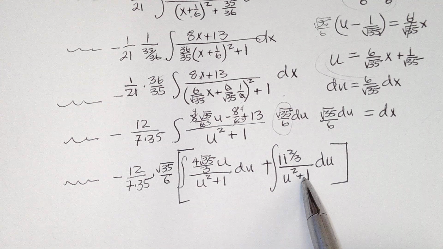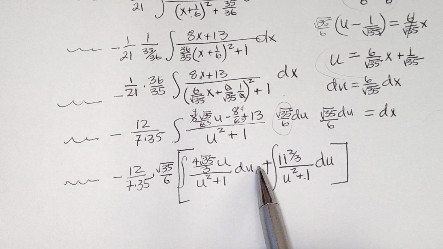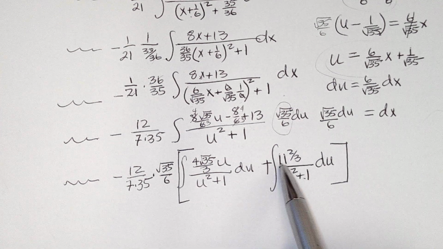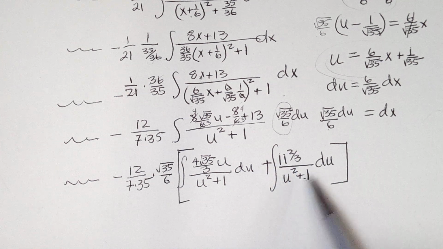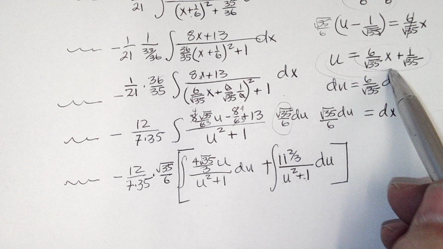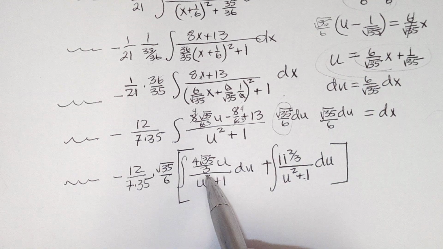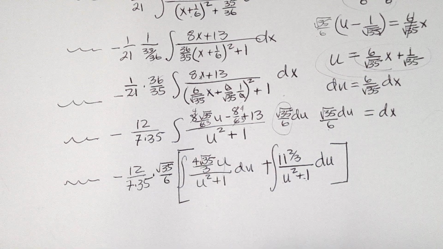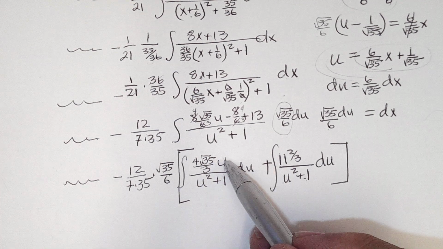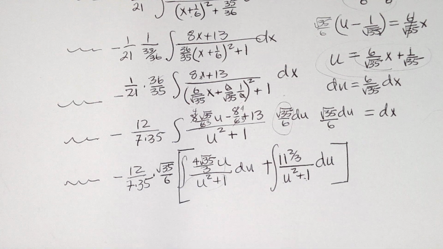The integral of this, since that pulls out, is going to be 11 2/3 times the arctangent of u, and u is going to be that. But this one, I'm going to have to do a substitution. Because I have this in the numerator, I can let something be that.